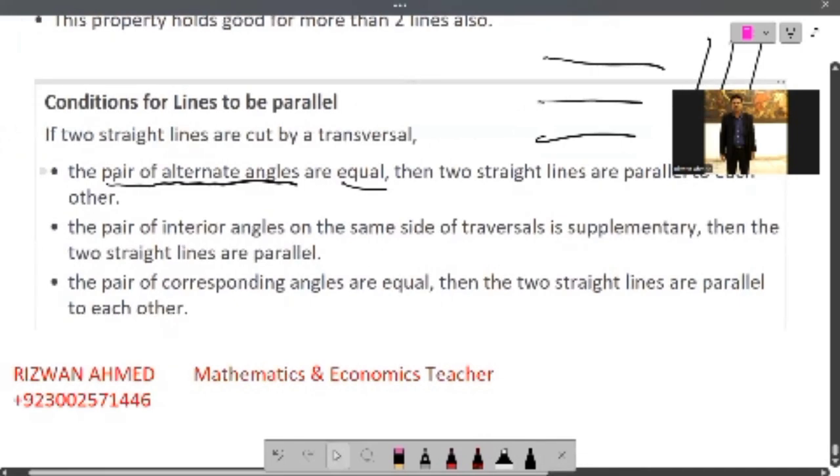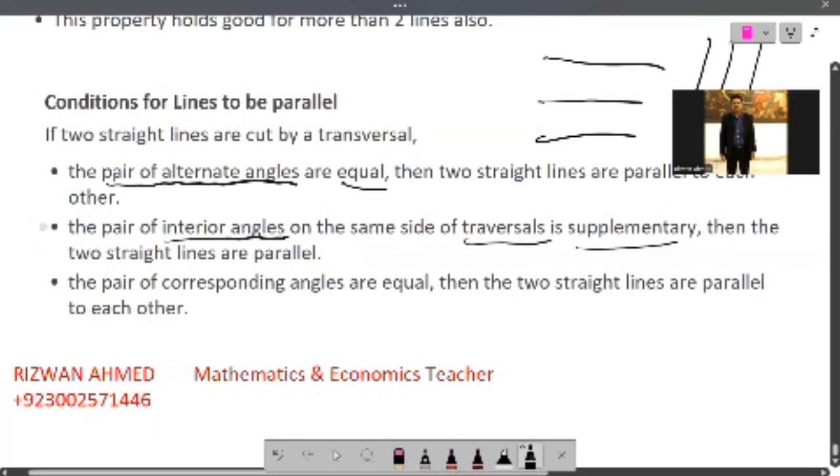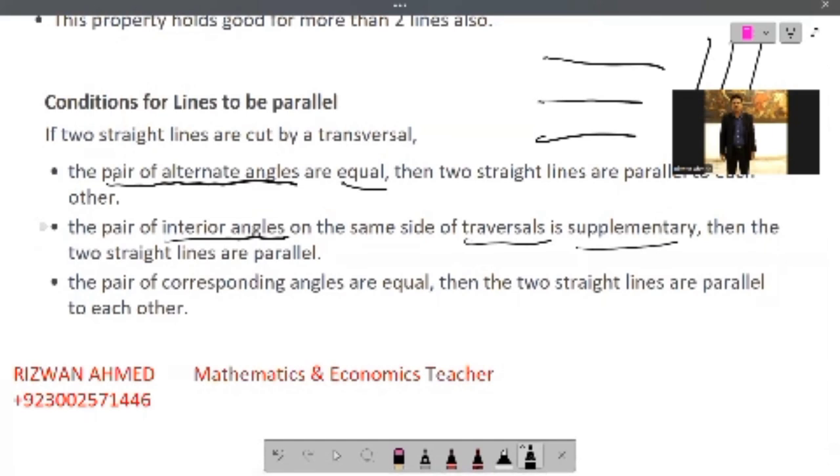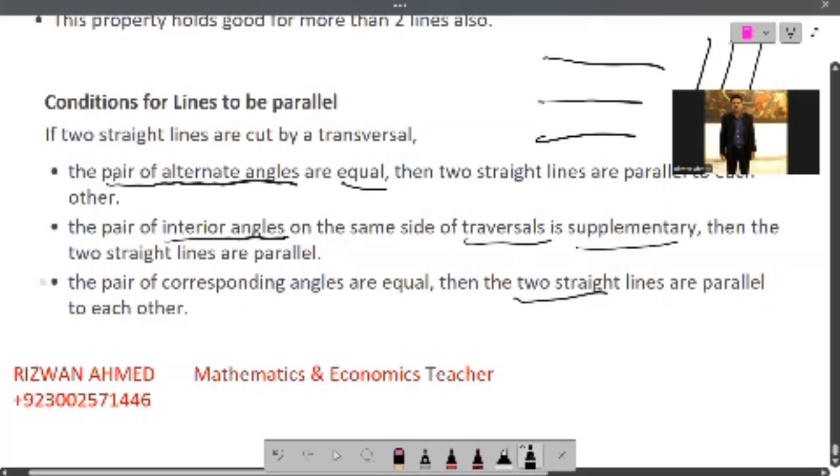The second one: if a pair of interior angles on the same side of the transversal is supplementary, meaning 180 degrees, then the two lines are parallel. The third: if a pair of corresponding angles are equal, then the two straight lines are parallel to each other. Thank you.